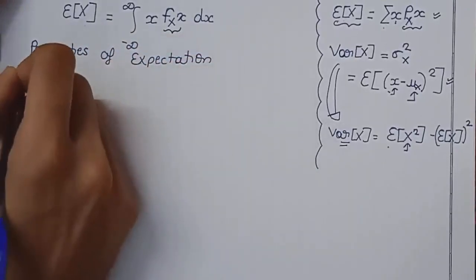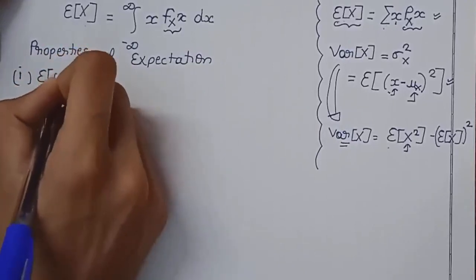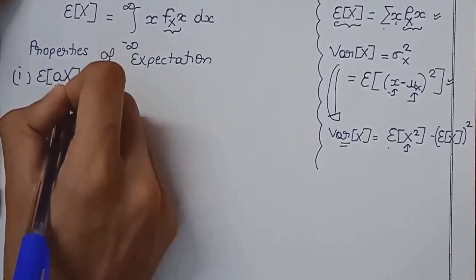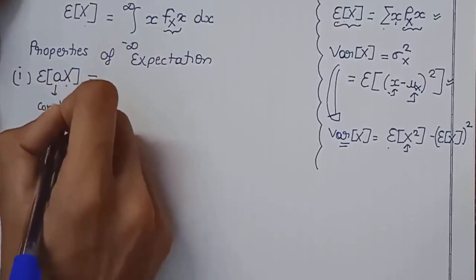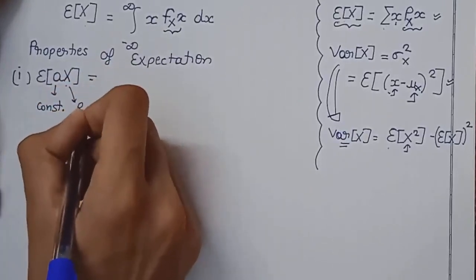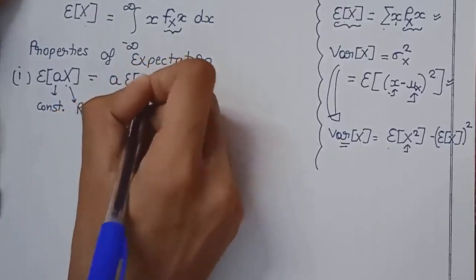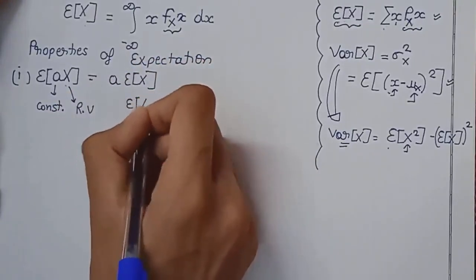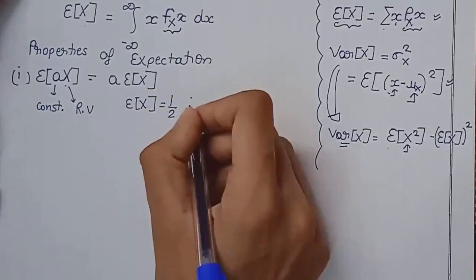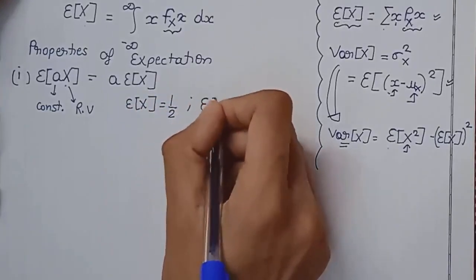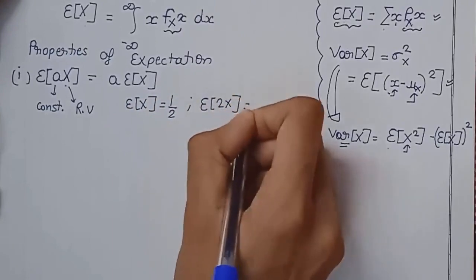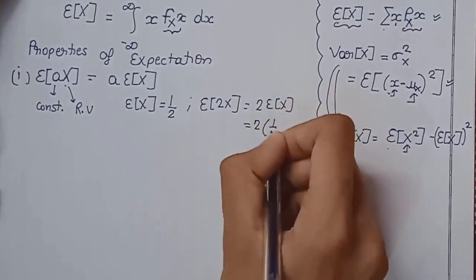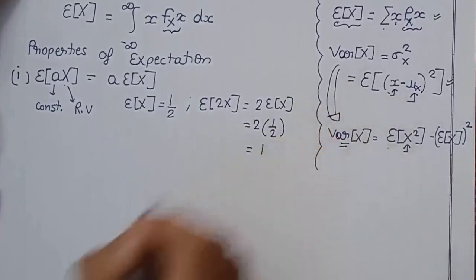The first property of expectation is expectation of aX, where a is a constant and X is a random variable, is equal to a times E of X. If I link this to the previous example where we calculated E of x equal to half, if someone asks you expectation of 2x, then it would be equal to twice the expectation of x, which will come out to be twice half, equal to 1.